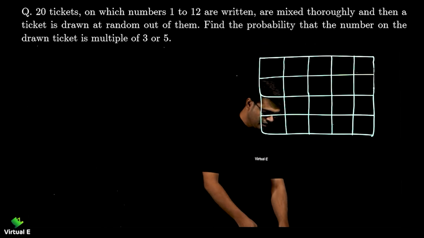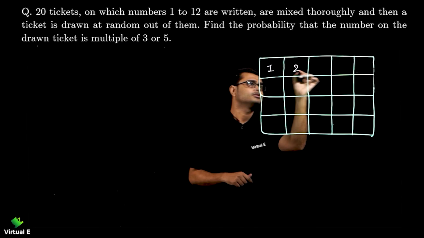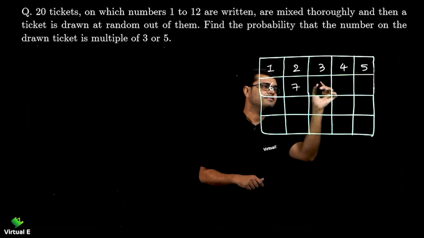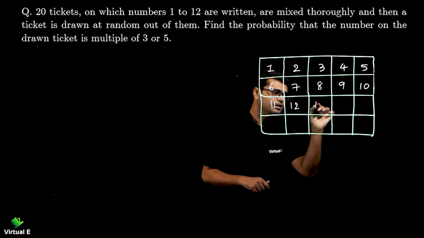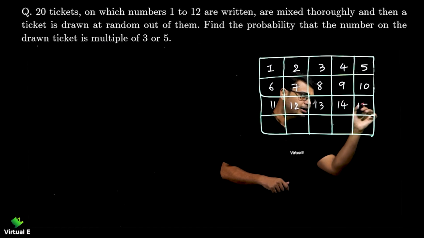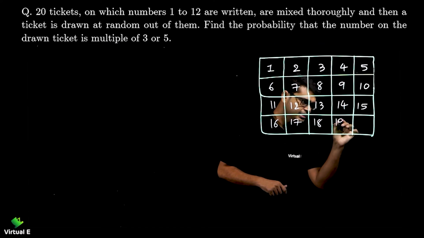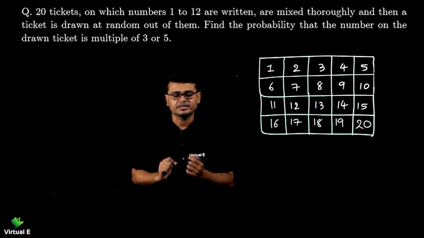First of all, we have 20 tickets. So let's label 1, 2, 3, 4, 5, 6, 7, 8, 9, 10, 11, 12, 13, 14, 15, 16, 17, 18, 19, and finally 20. So we have 20 tickets.